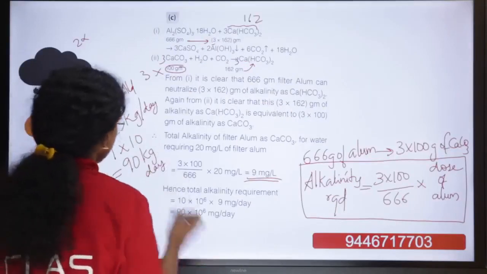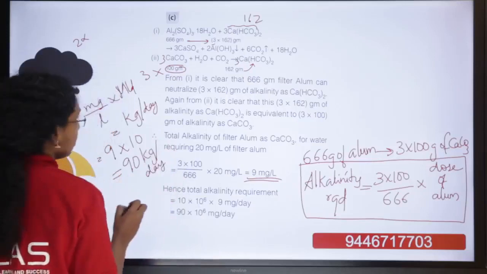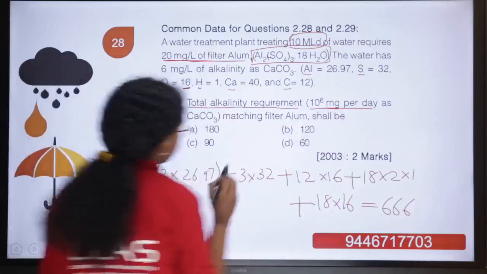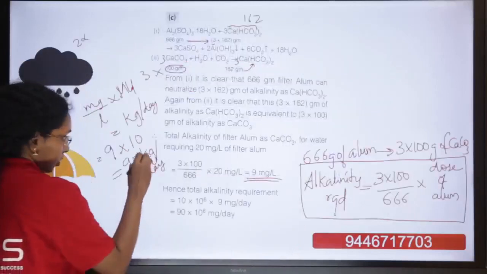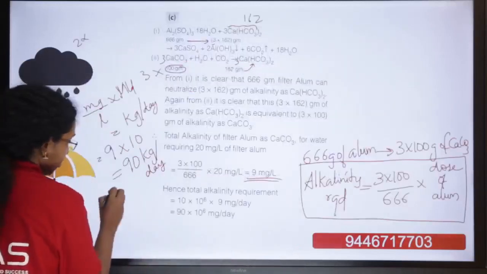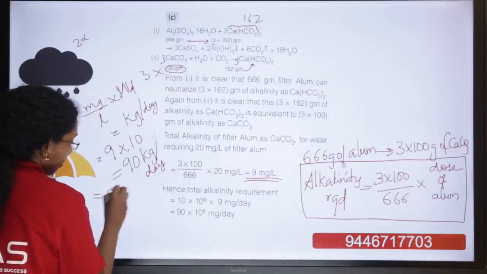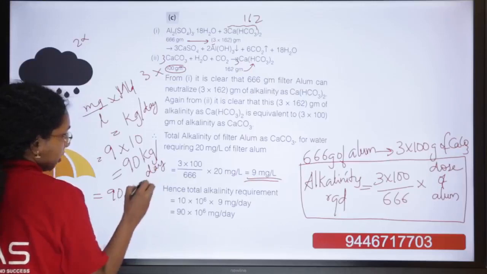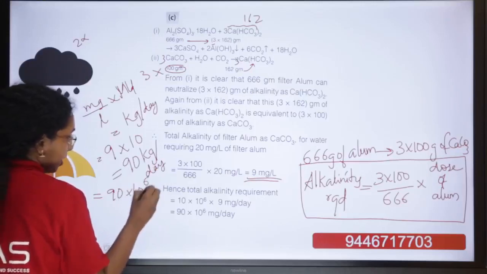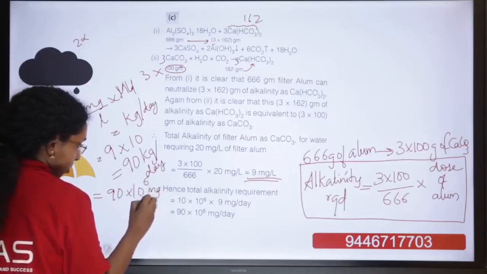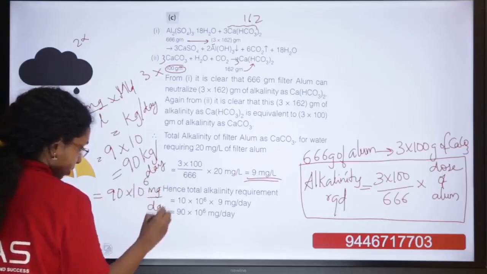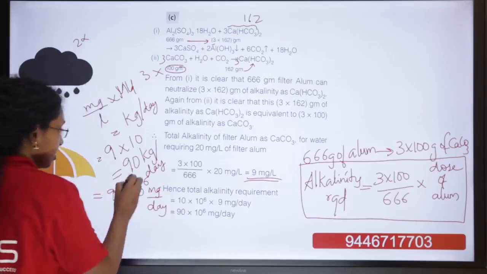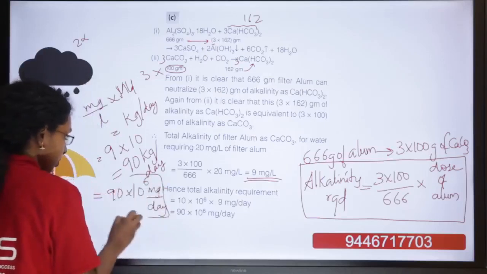But in the question it is given that you have to represent it in terms of 10 raised to 6 milligrams per day. So to convert kilogram to gram, we have to multiply by 10 raised to 3. Again, in order to convert it into milligram, we have to multiply by 10 raised to 6 milligram per day.